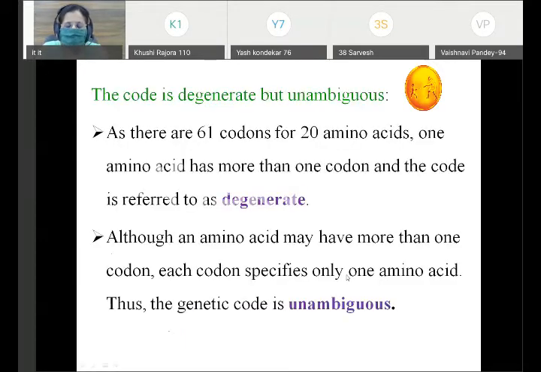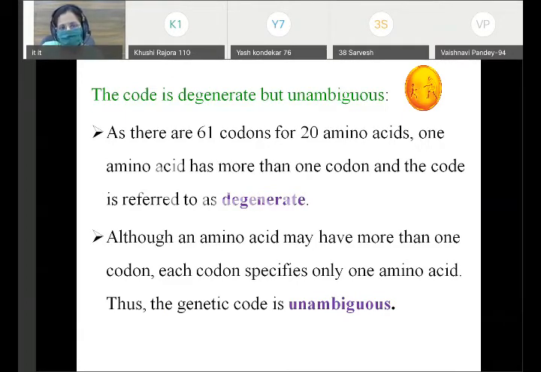Now, the genetic code is degenerate but unambiguous. You have to understand the meaning of each and every characteristic. Okay, what do you mean by degenerate? There are 64 combinations and permutations, out of which 3 are stop codons or nonsense codons, so we are left with 61 codons.